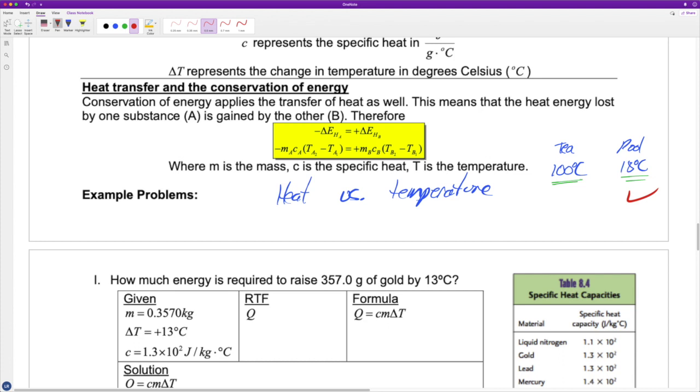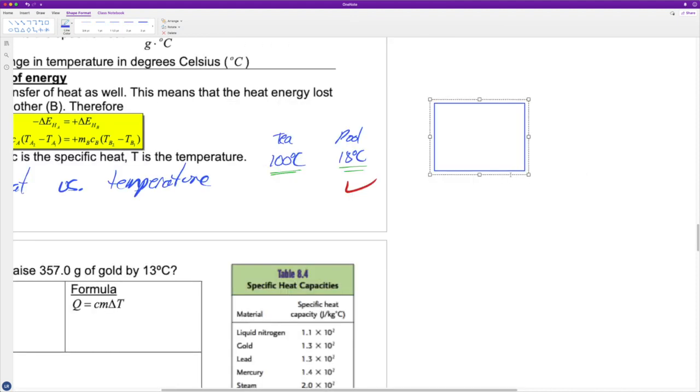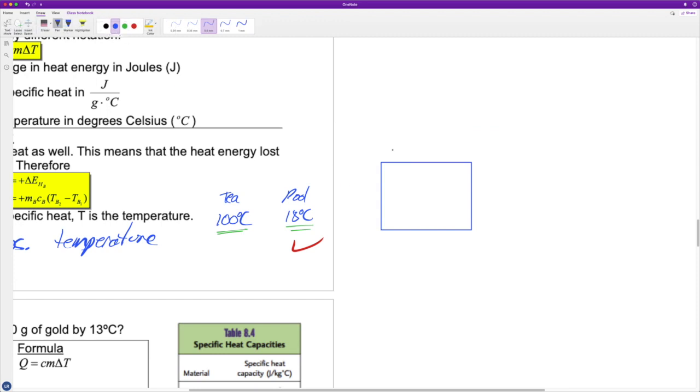So to give you an idea of how to think about this, imagine I want to make an entire block of ice melt. All right, so we have this massive block of ice, okay? So the block of ice has a temperature of 0 degrees Celsius. So then you have this little tiny cup of tea. There's your little handle.